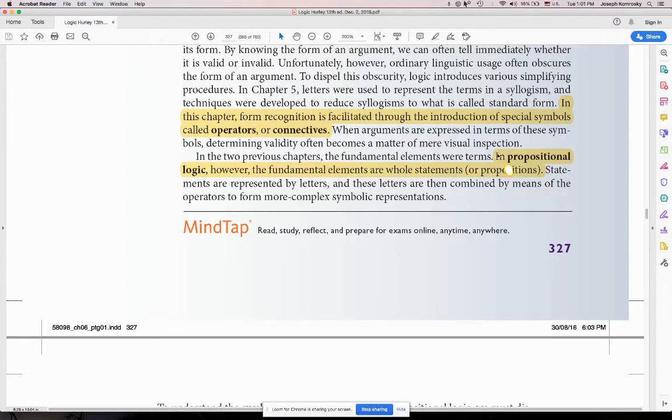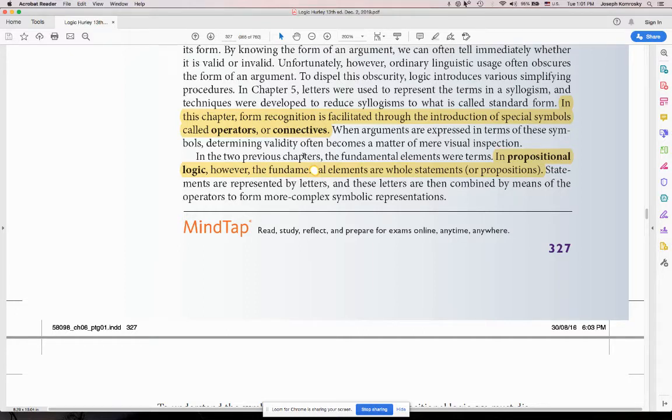Yeah, just for review. In propositional logic, however, okay. So what we learned in chapter 1 and chapter 2, we talked a lot about terms, and a term is the main subject of a sentence. If something's the main subject of a sentence, we want to know what it means. How is it defined? Chapter 2 is all about that. Where do we get our definitions from?